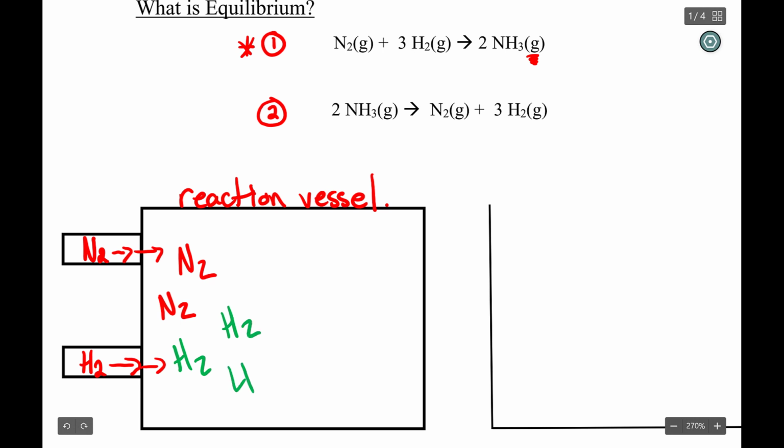Okay, so it starts flying into the container, and what will just naturally happen is these things will start smashing into one another. And if they hit with enough energy at the right angle and all the things work out perfect, you will get these two things starting to form NH3 gas.